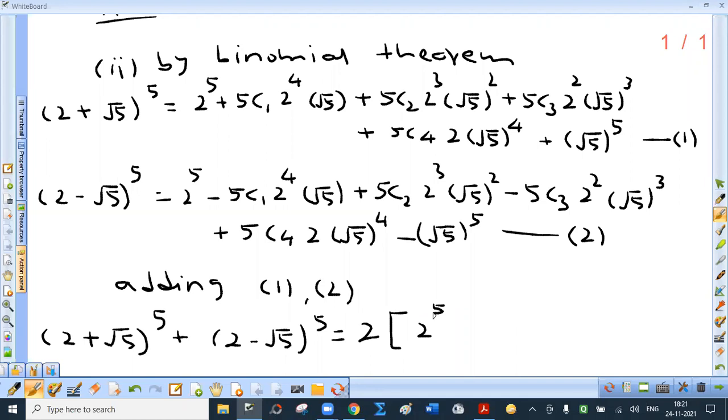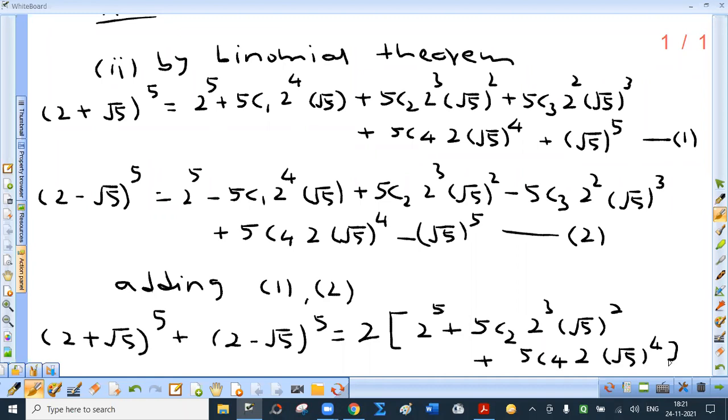That is why I have directly written 2 raised to 5 plus 5C2 2 cube into root 5 square plus 5C4 2 into root 5 raised to 4.